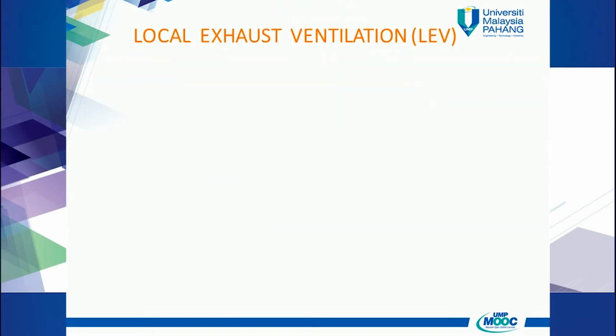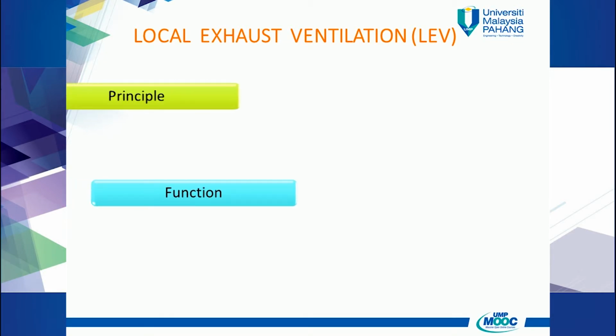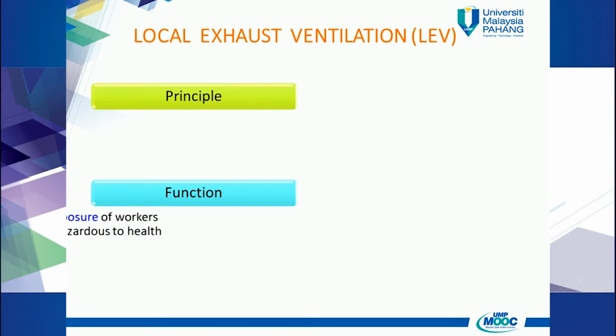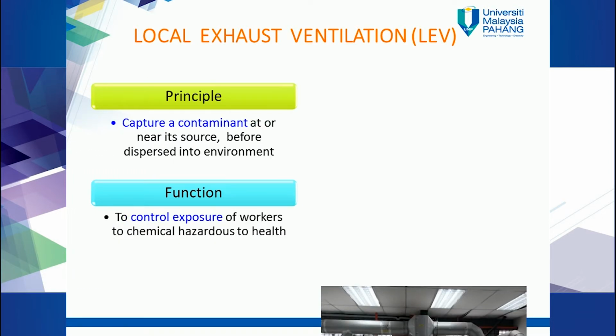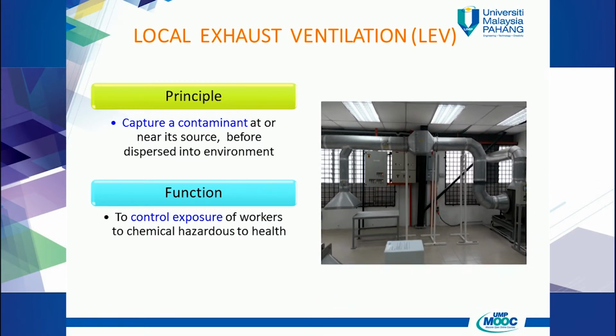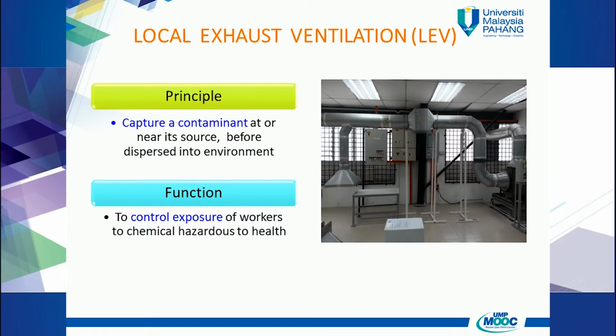Local exhaust ventilation, or LEV, which involves removing the contaminants by trapping them at or near the source, is also versatile and can be a more effective long-term control measure than general room or dilution ventilation.